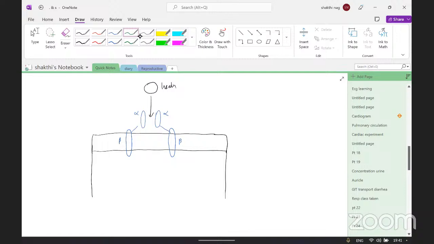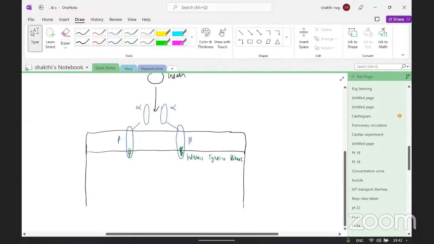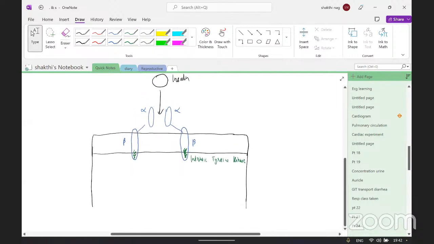What is the enzymatic activity this has? It has an intrinsic tyrosine kinase activity. Okay, so your insulin receptor, the beta component, has an intrinsic tyrosine kinase activity.